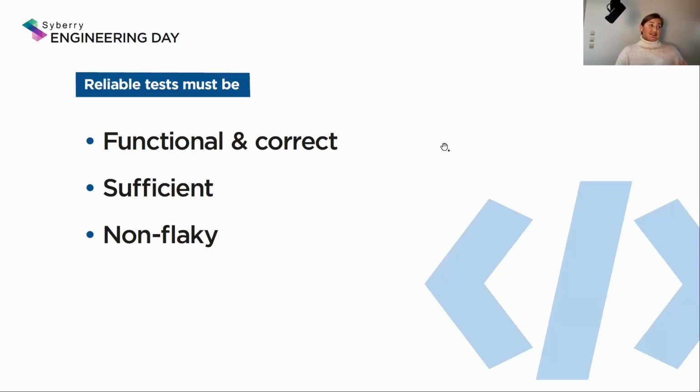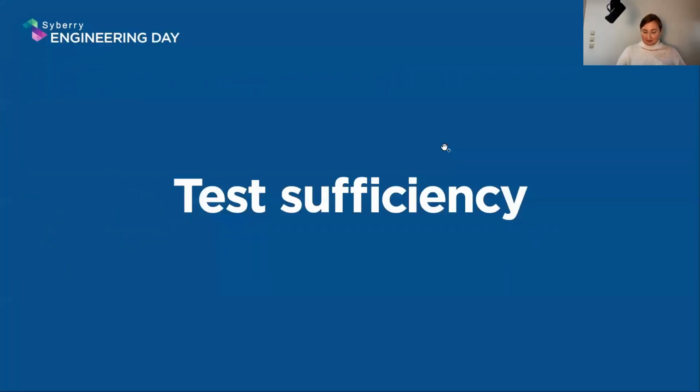We'll start with test sufficiency. If we test some feature, no matter manually or automatically, and there is some requirement which was not implemented, what do we do in this case? Correct, we would create a defect for that.